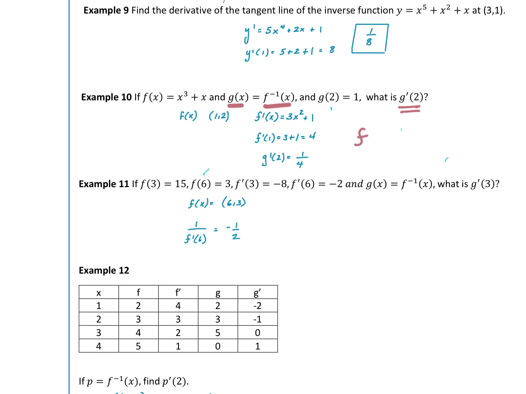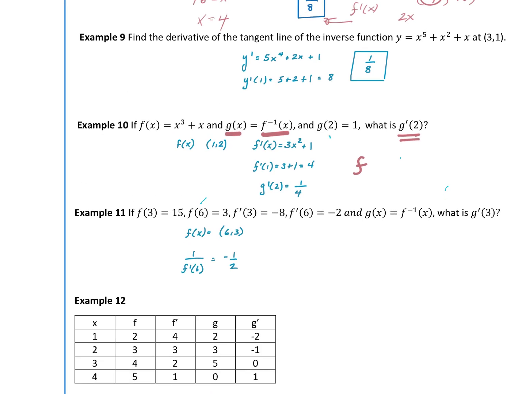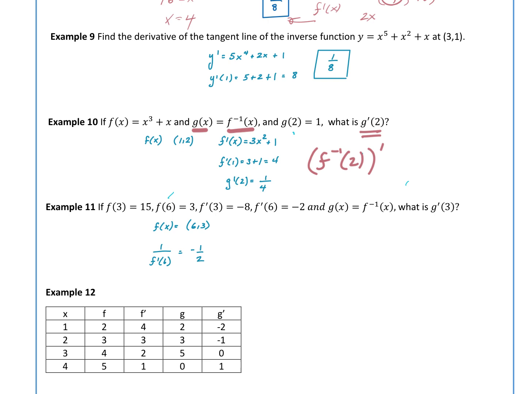So it's f. It's really just asking you for f negative 1 of 2 prime. Okay? So f is the function. So this is the x value of the inverse function, which means it's the y value of the original function. So I need to find the x value for the f function that corresponds to the 2. So again, they actually give it to us here.